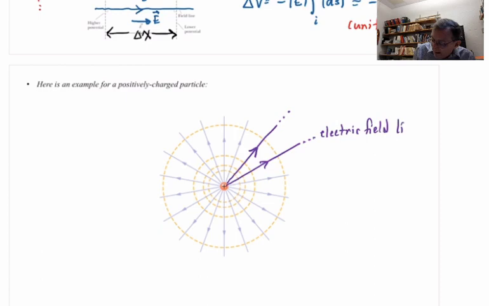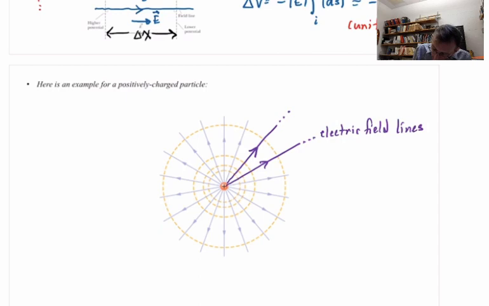And you have to remember that they really do radiate outward in three-dimensional space. But in any vertical plane that you do a cross-section, they look like this. Now, the equipotential surfaces, in this case, have to be spheres, because the surface of a sphere will be intersected perpendicularly by a radial line. Remember, the equipotential surfaces and the electric field lines must cross each other at a right angle.